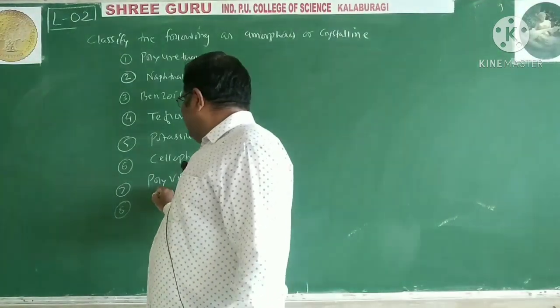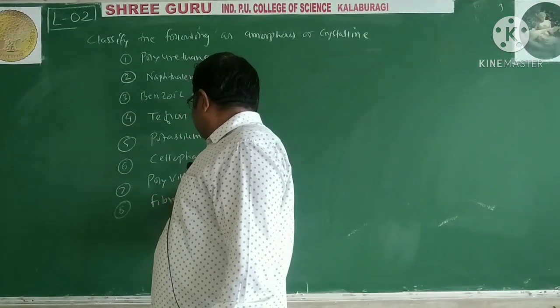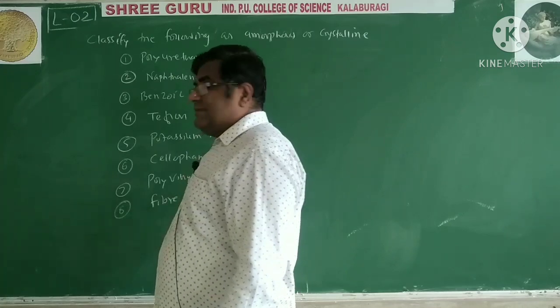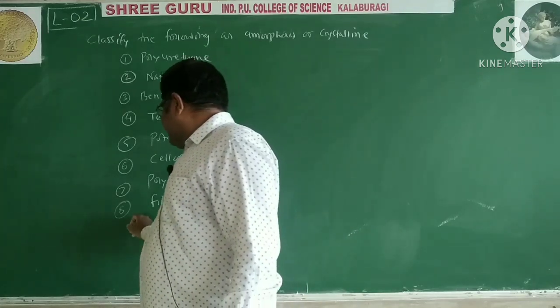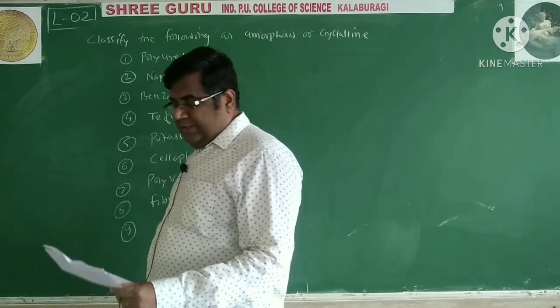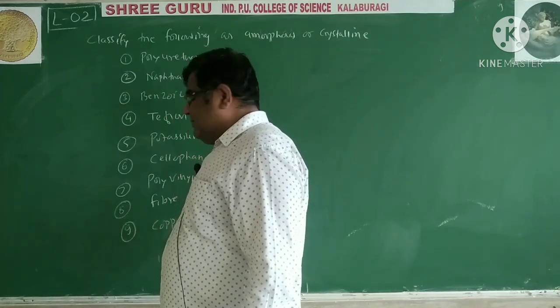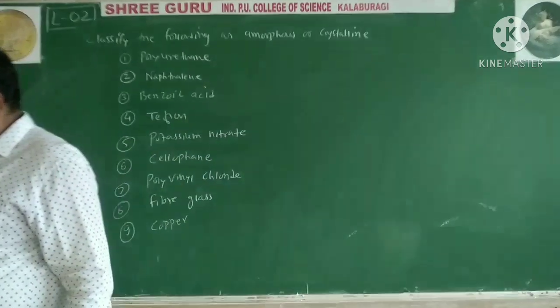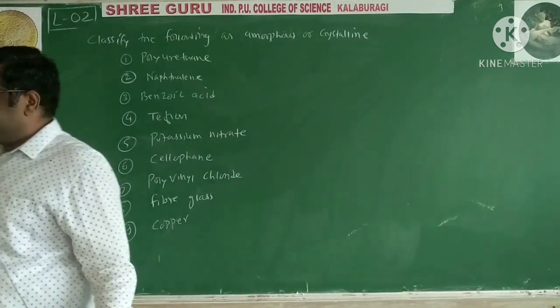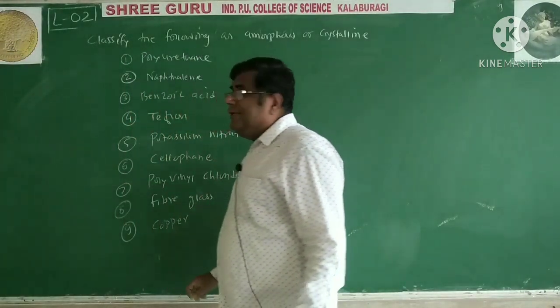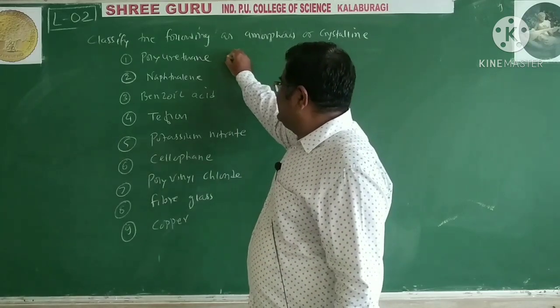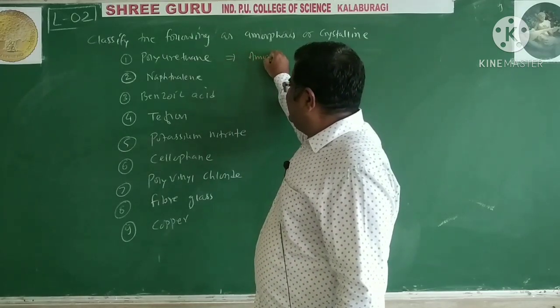Then comes fiberglass. Fiberglass, glass is an amorphous solid. And then comes copper. Copper is a metallic crystalline solid. So polyurethane is amorphous.